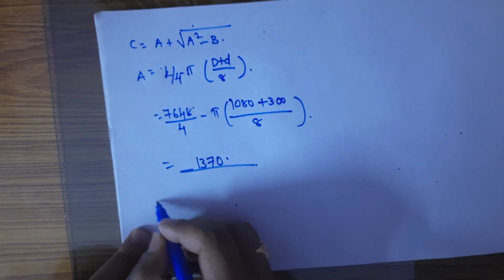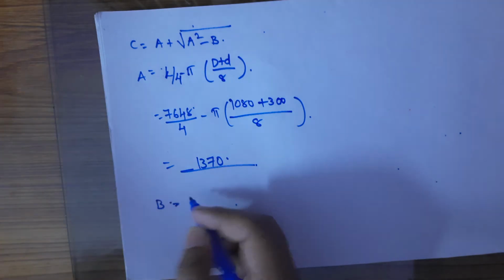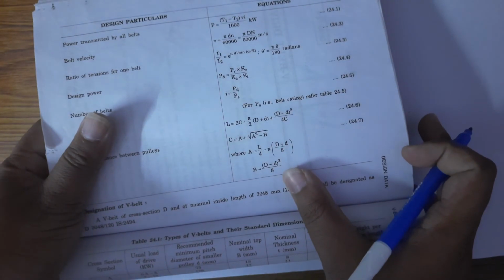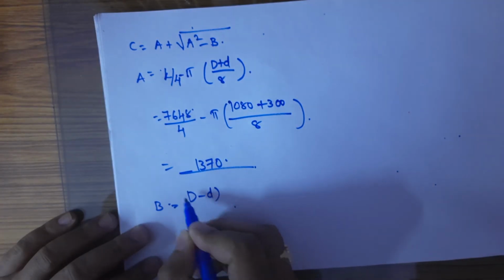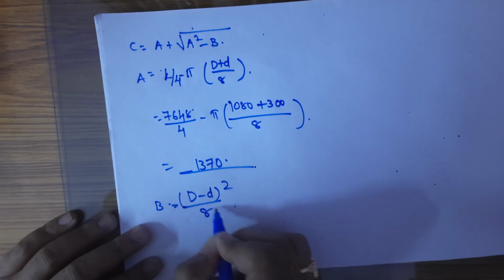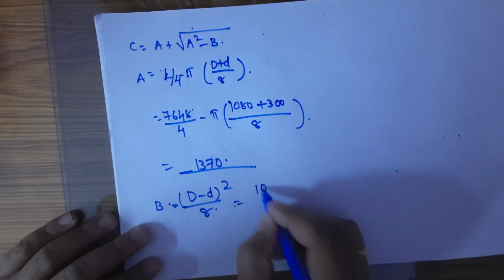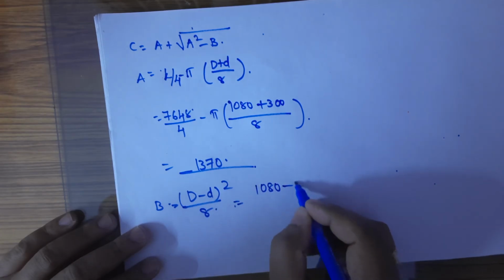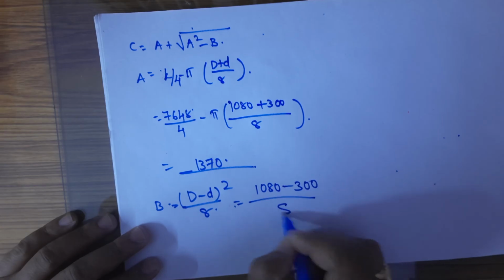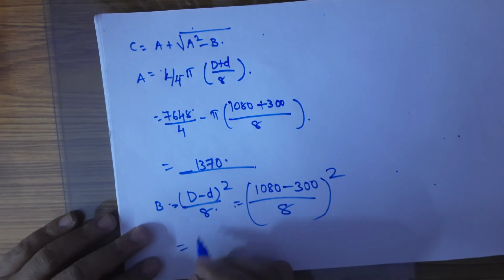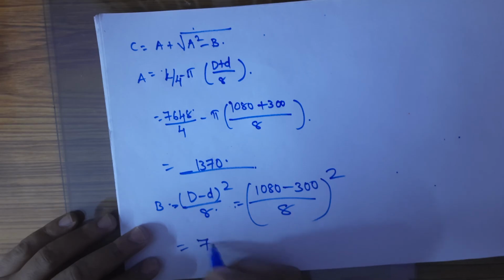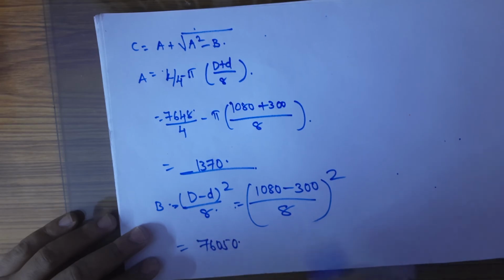And for calculating the B, we are having the formula of D minus d by 8. So we will be getting the value of B here, 76050.